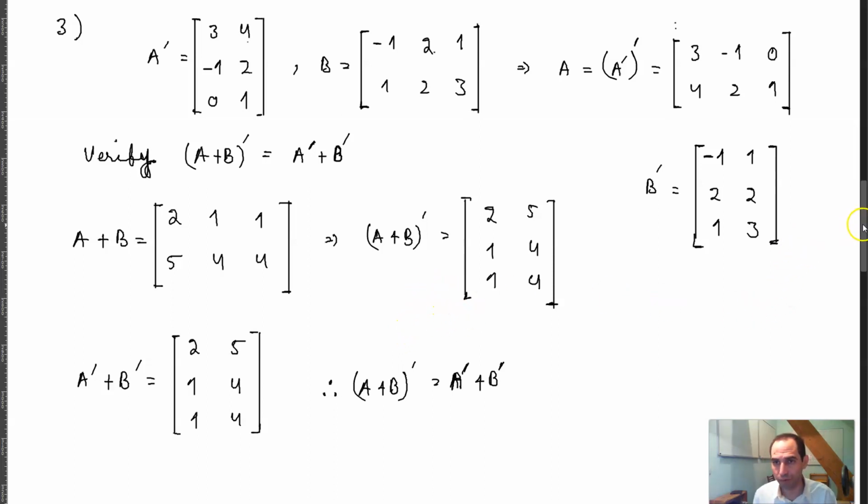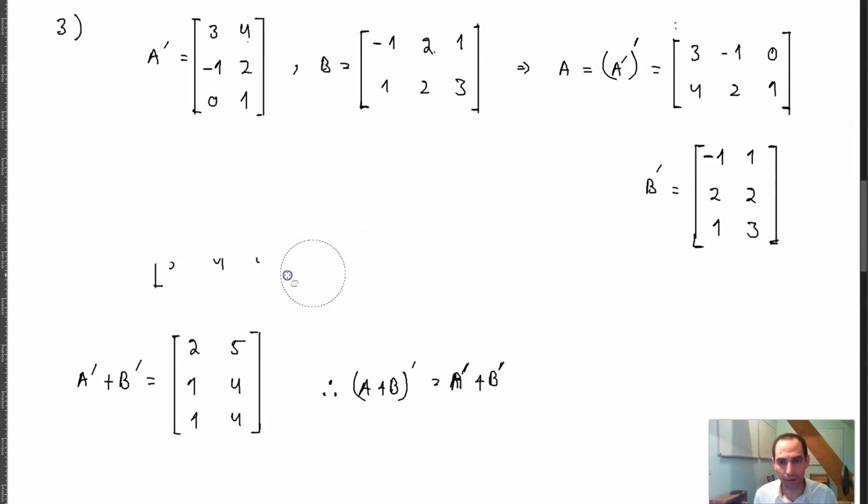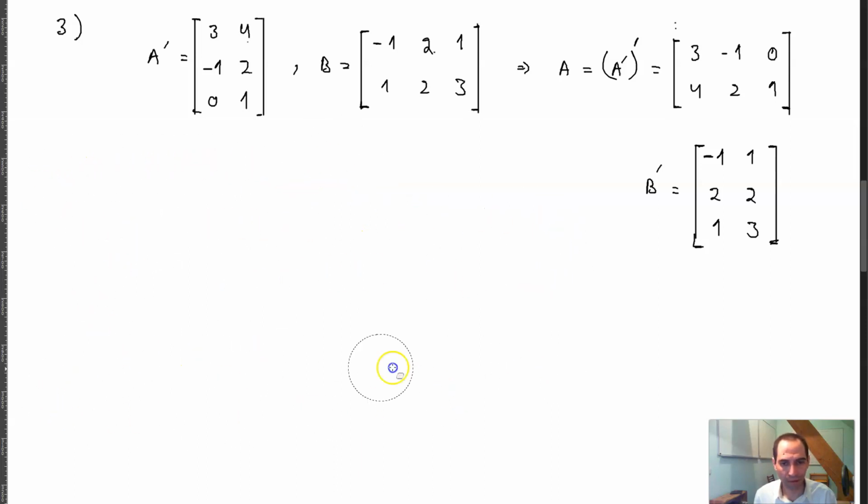Now part 2 of the same question is you want to verify that A minus B whole prime is equal to A prime minus B prime.